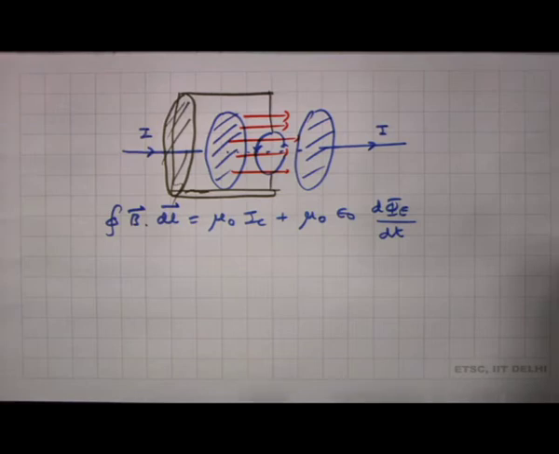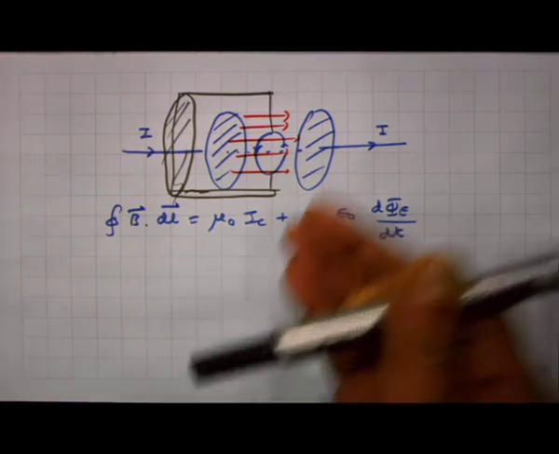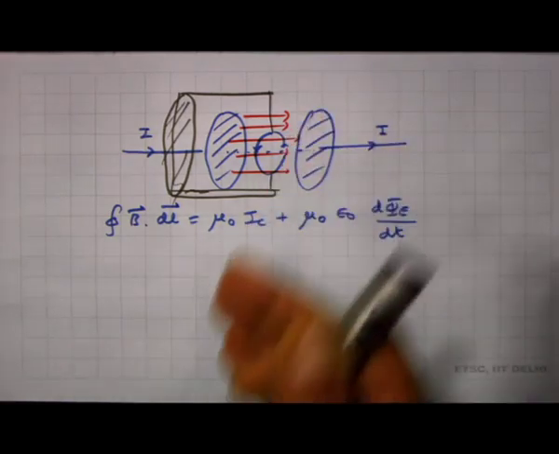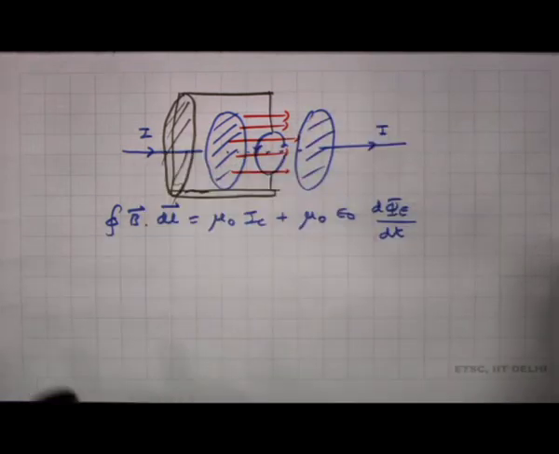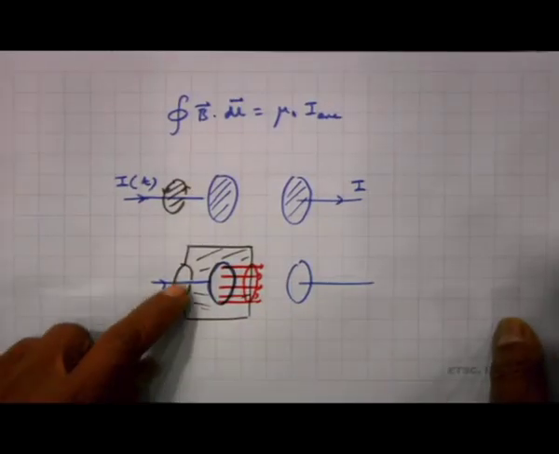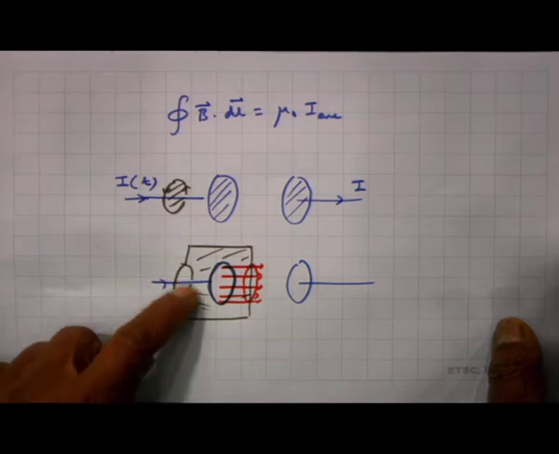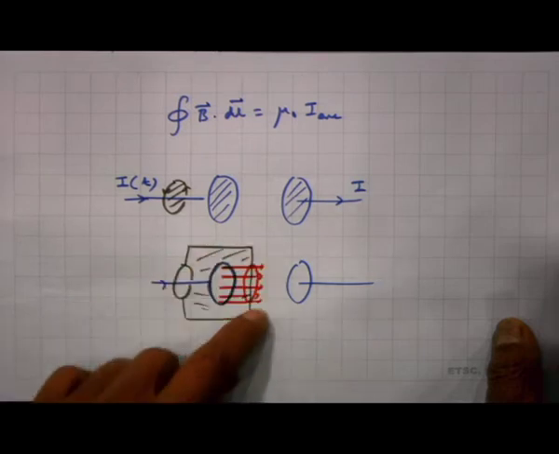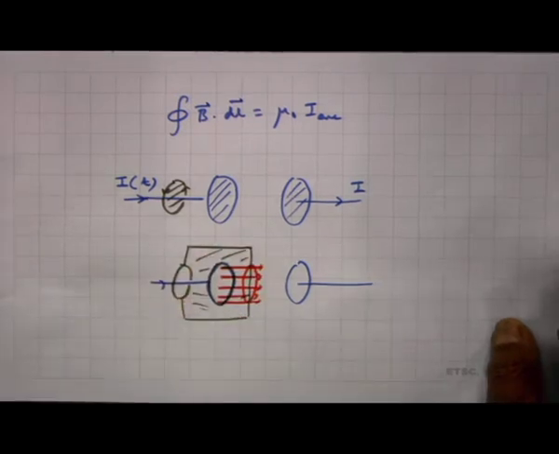So, I could have chosen this surface area rather than the flat surface area which contains a circle as its boundary. Just like in my earlier discussion, when I have to calculate the current enclosed by this, I can take this surface area or this surface area, and I got the same result.